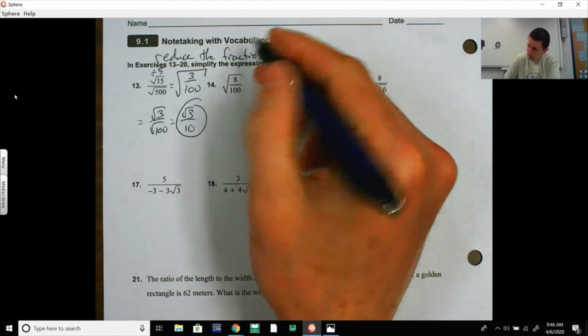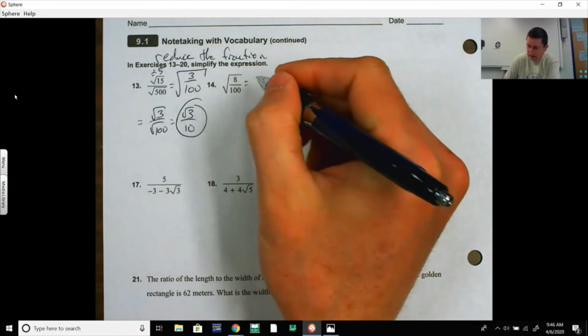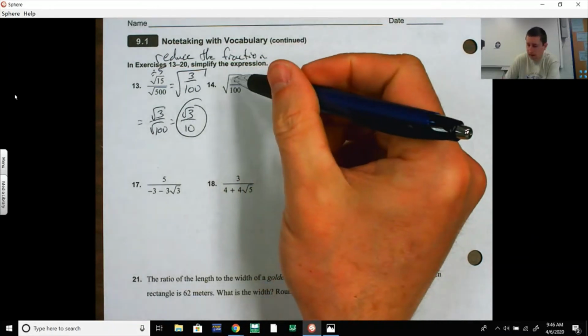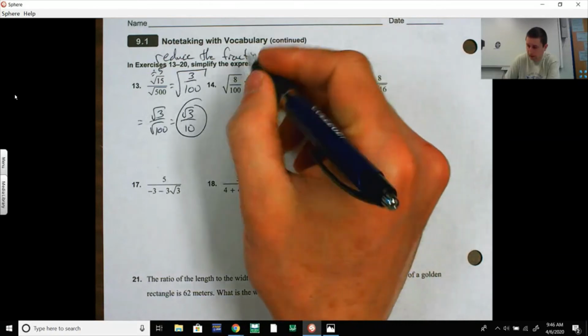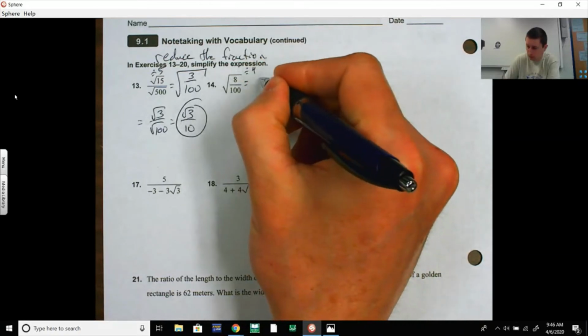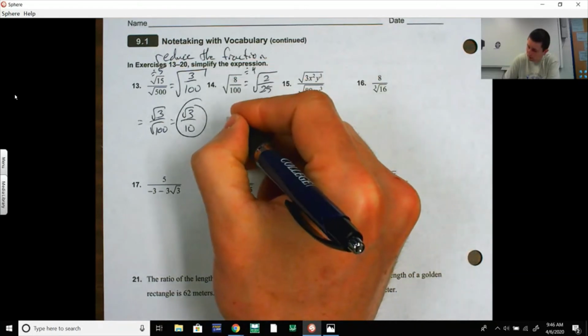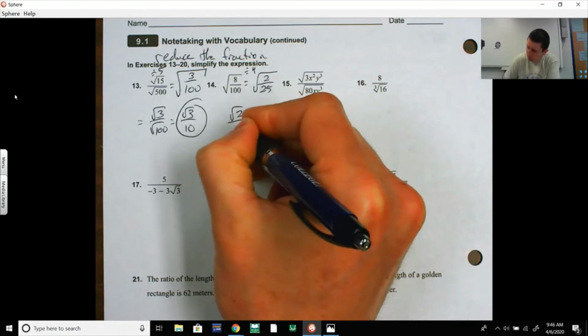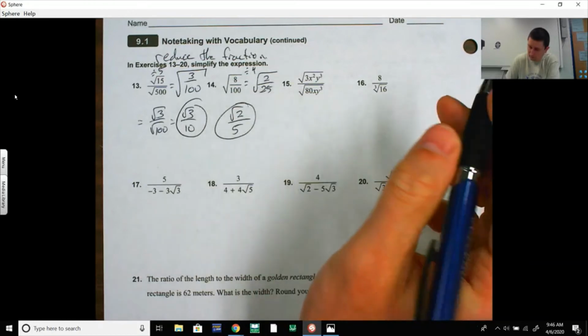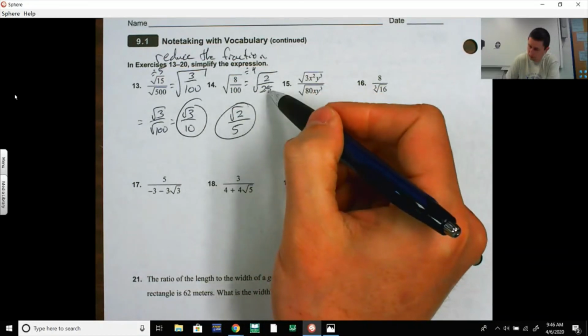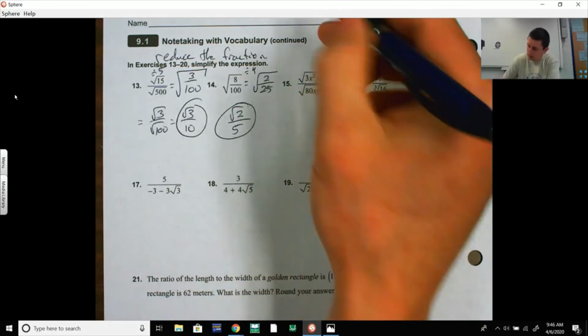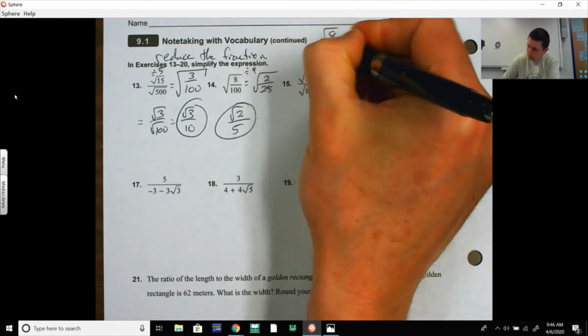Square root of 8 over 100, again, 100 is perfect, but you notice 8 and 100, you can reduce that. I would divide by 4, so you get the square root of 2 over 25. So that would be the square root of 2 over the square root of 25, which is 5. Again, if you do it the way it is, you get square root of 8, square root of 100.